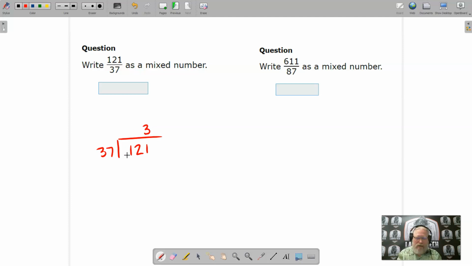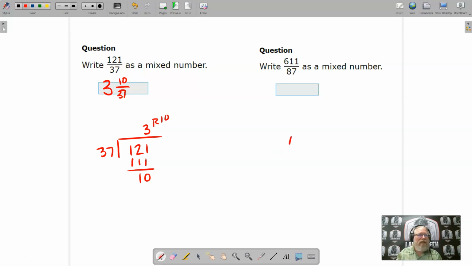So 3 times 37 is going to give me 111. That's going to result in a difference of 10. So my remainder would be 10. So I know that my answer is going to be 3 up here, my quotient. The remainder is the numerator, and the denominator stays the same, 37. So 3 and 10/37.